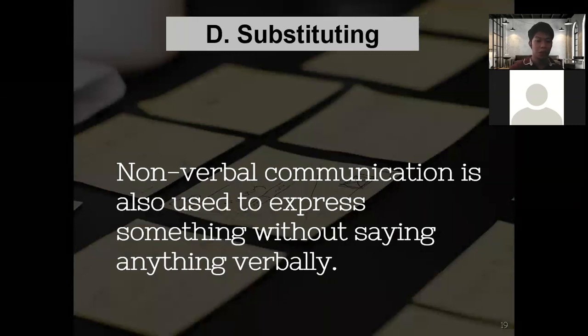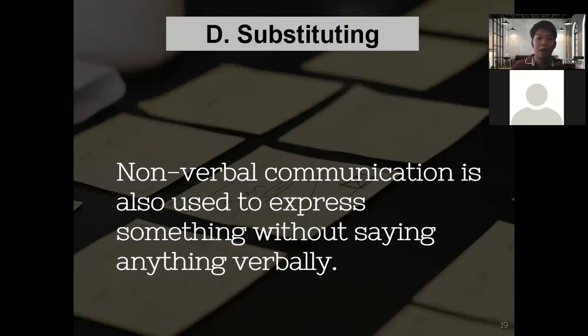Next one is substituting. Nonverbal communication is also used to express something without saying anything verbally. So basically, we say substituting when you do not want to say anything, but you just use nonverbal cues in order to communicate. Like, for instance, when someone asks you for a direction or location, there are instances that we do not say anything to the person who's asking us for the location.